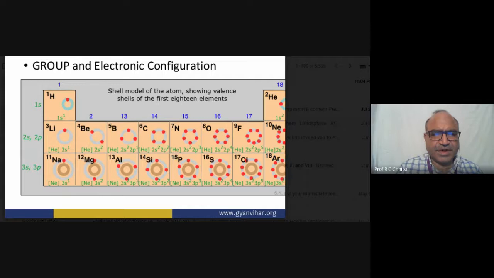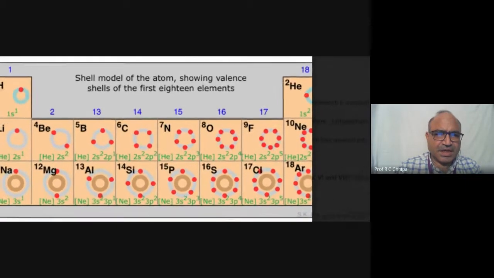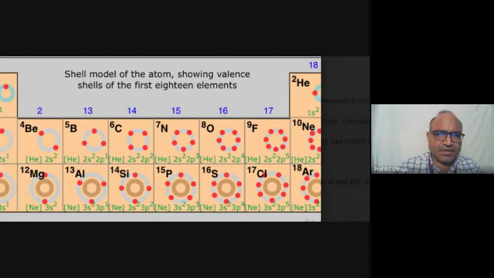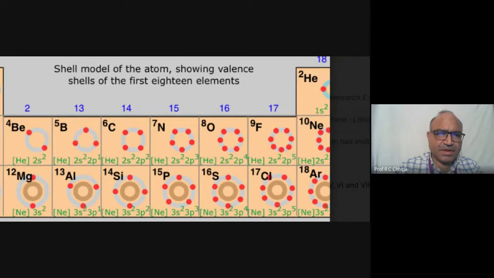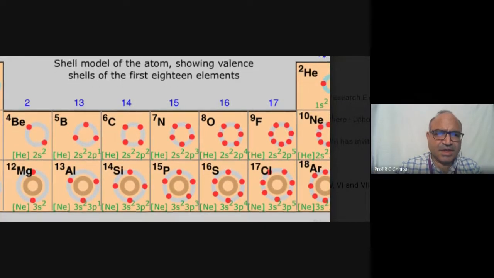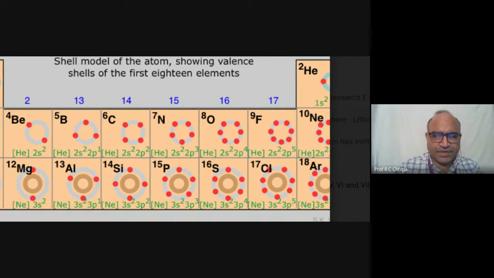Out of those 18 elements, we have to consider groups 13, 14, 15, 16, 17, and 18. Here the shell clearly indicates that boron has 3 electrons, and in case of carbon 4 electrons, so four outer shell electrons are there.